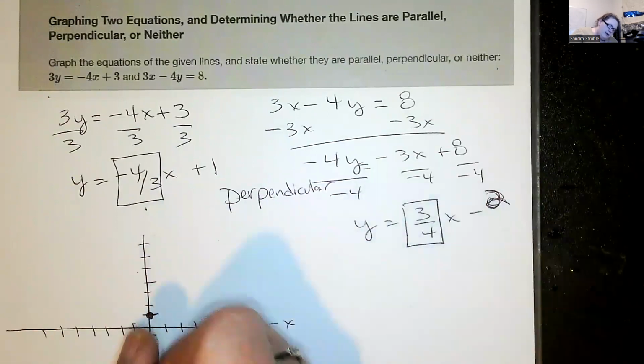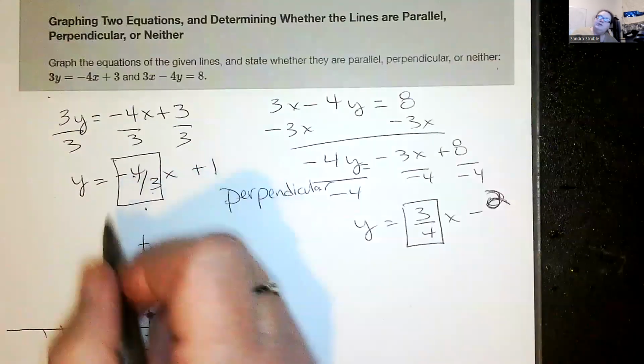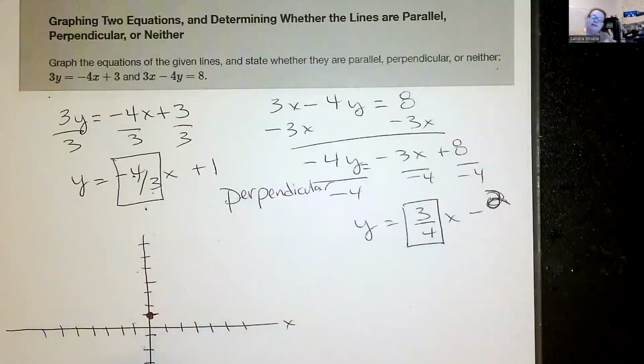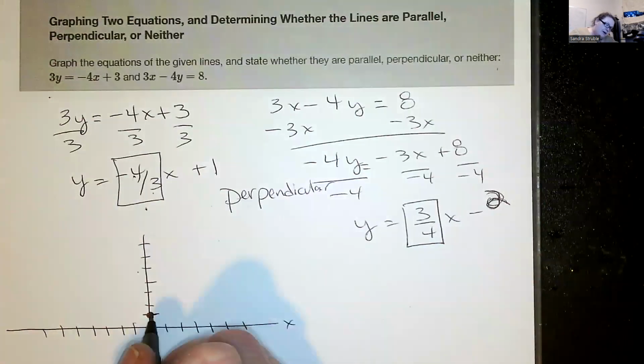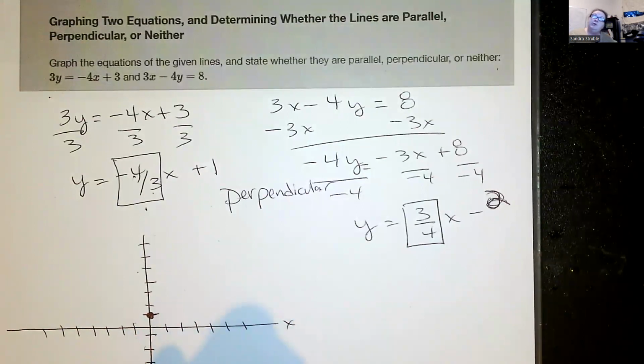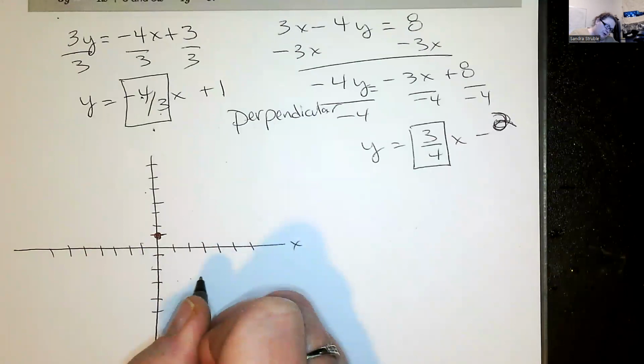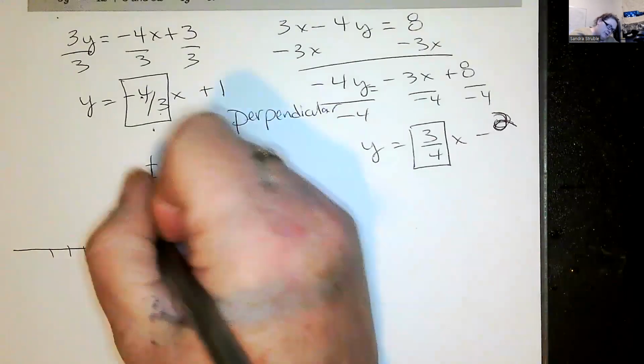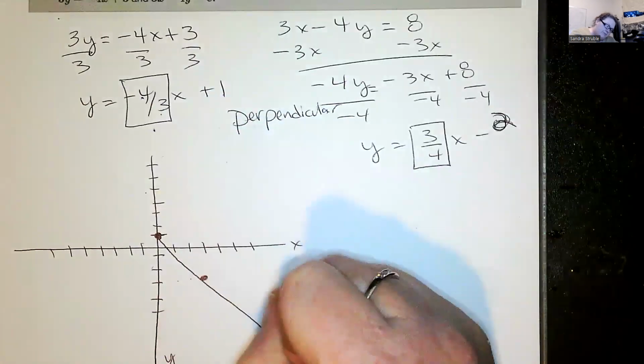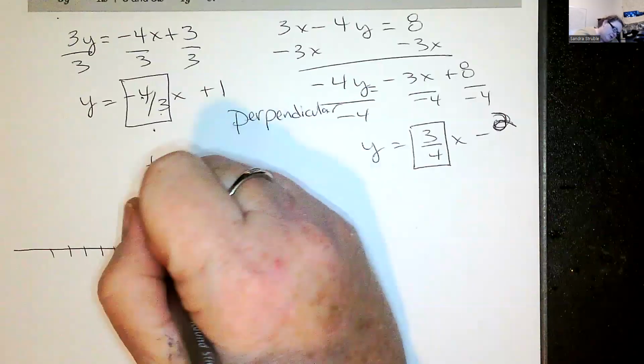All right, from that point, I go down 4 and over 3 because it's rise over run, but my rise is negative. So from my y-intercept, I go down 4, 1, 2, 3, 4, and I always run to the right, and I'm going to run 3. 1, 2, 3, place my point, and there is the line, as straight as I can get it.